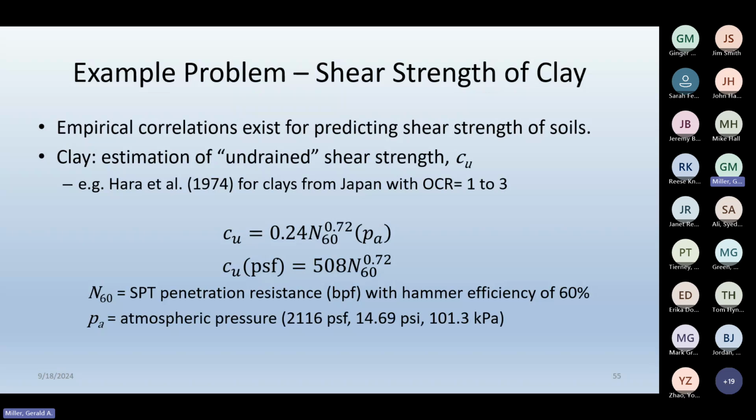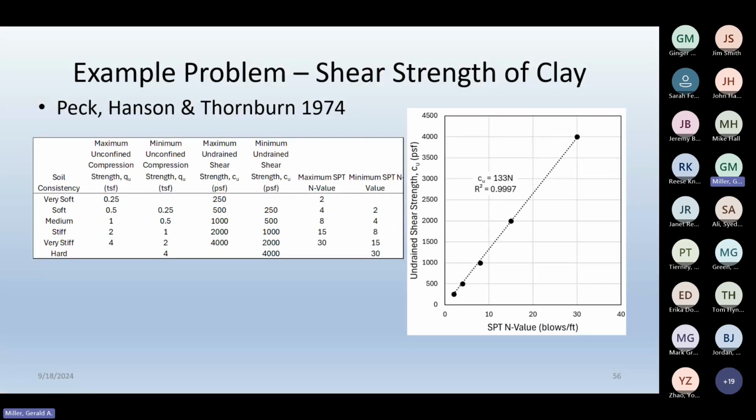The other correlation I looked at was from Peck, Hanson, and Thornburn. Actually, they don't have the correlation published, but they have essentially a comparison between clays of different unconfined strength compared to a range of SPT N values. So I took those ranges and converted unconfined strength to undrained shear strength, which is just 1/2 the unconfined strength, and plotted that versus the SPT N values.